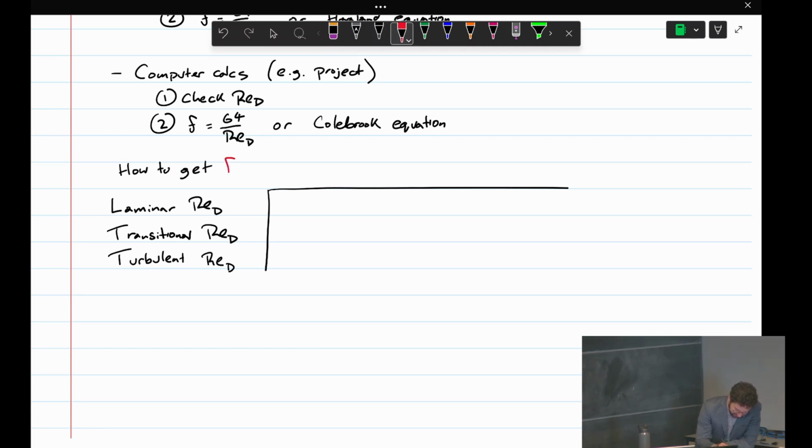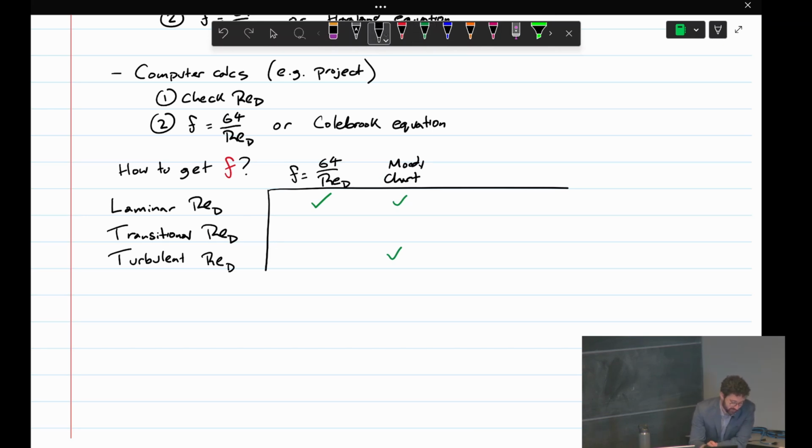So this table is titled How to Get the Friction Factor. Okay, so if you use f is 64 over Reynolds number, that's only valid for laminar flows. The Moody chart, as I showed, has the friction factor for laminar and turbulent flows on it. So you can use that in either case.